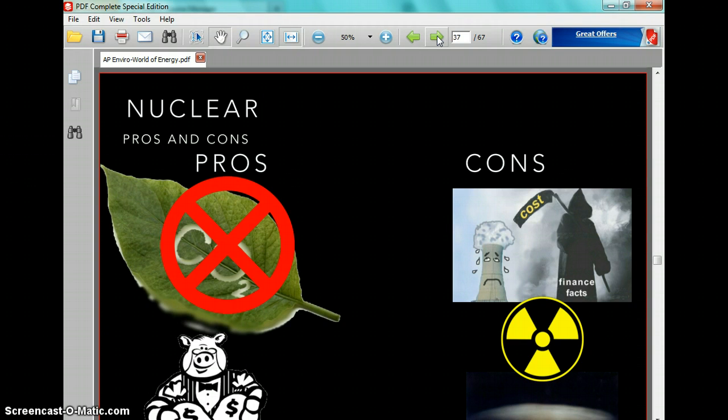Another con is that in the process of fission, uranium is radioactive, and radiation kills people, literally. And the final problem is that nuclear power can be used also in the making of weapons. So as a result, power plants have to be more secure.